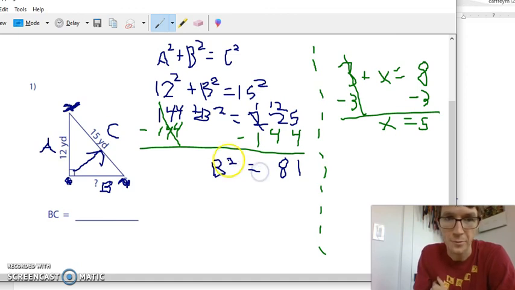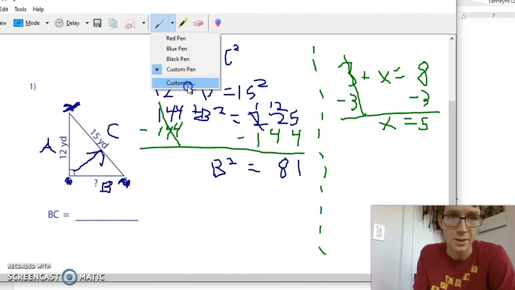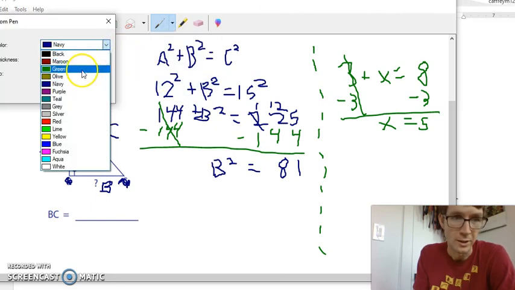So we've got b squared equals 81. So what do we have to do now? If you remember from last time, when you have something squared equals a number, how do we get rid of this square? We're trying to get b by itself. So we have to take the square root of both sides.